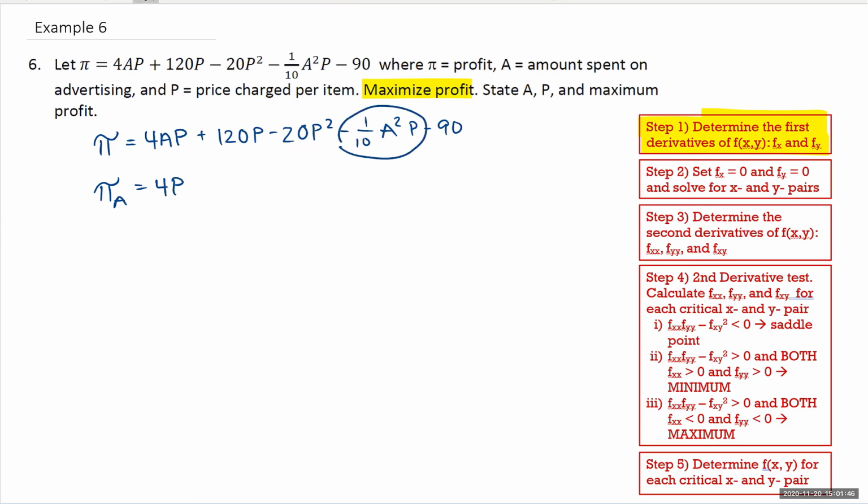For our fourth term here, I'm going to have negative 1/10 times P, and then the derivative of A squared is going to be 2A. And then for our last term here, it's a constant, so the derivative is 0. So my derivative is going to be 4P minus 2/10 combined to give me 1/5 AP.